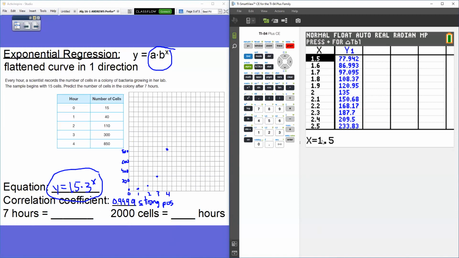Now, this is still in the points. I could just scroll down, but I think it's really easier to change it back to counting by whole numbers. So I'm going to go back to my 0. I'm going to hit the plus button. I don't want to count by 0.1s anymore. I want to count by ones. So 7 is 32,805.